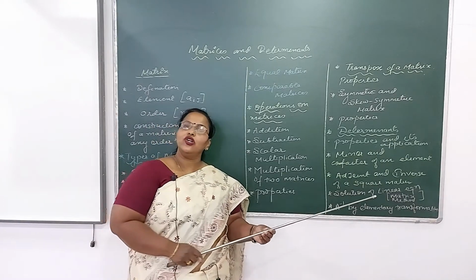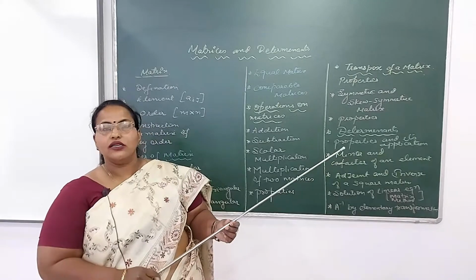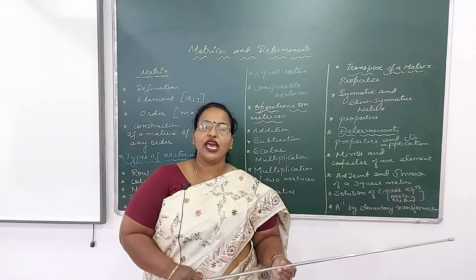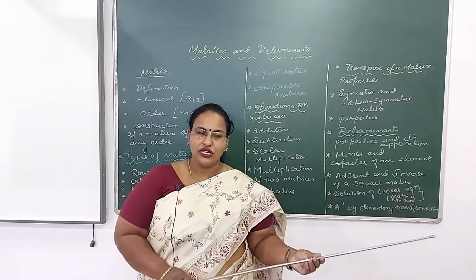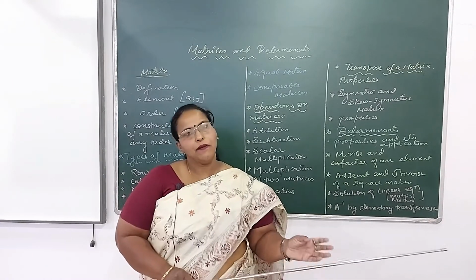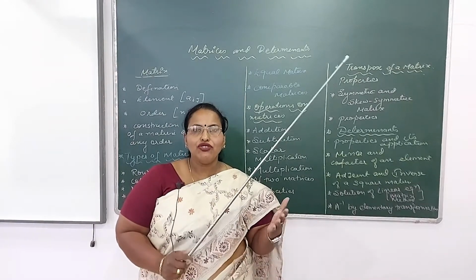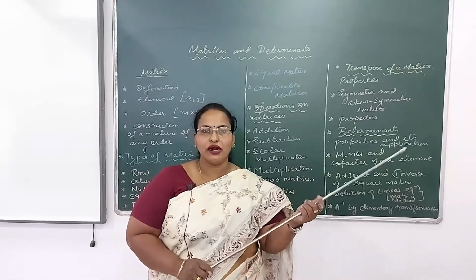If the product of two square matrices of the same order results in an identity, then one will be the inverse of the other. A very important concept. And for the existence of an inverse, you have to check whether the matrix is singular or non-singular.